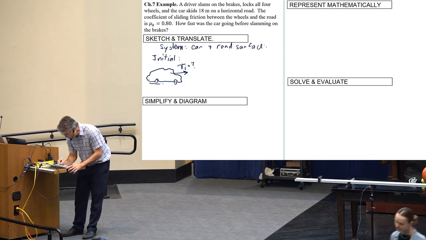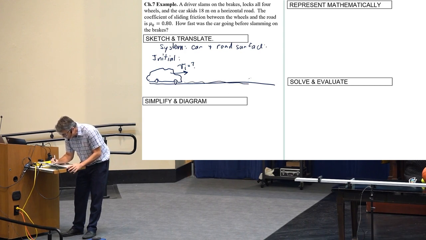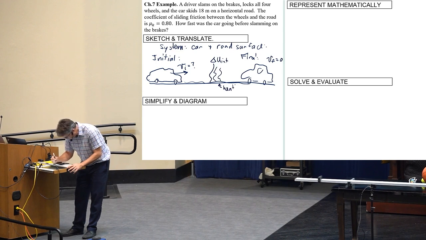And then what happens is that it goes like that until over here, same car, V final equals 0. And there is this, I'm going to put kind of like the steam coming off of the coffee, delta U internal, is like the heat, if you get it. And then this distance here, d, is equal to 18 meters.